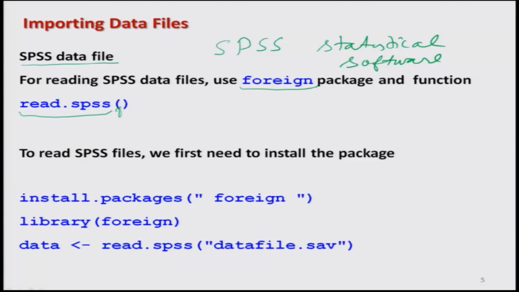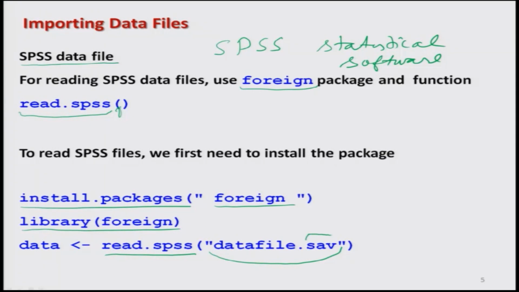So, in case you want to read a data file from the SPSS package, the first step is to install the package foreign using this command, then load this package using the library command, and then simply use the read.spss command, and inside the argument enclosed by double quotes write down the name of the file.